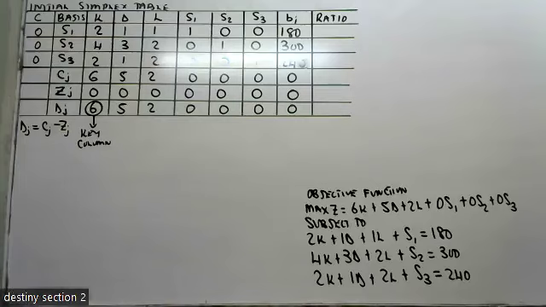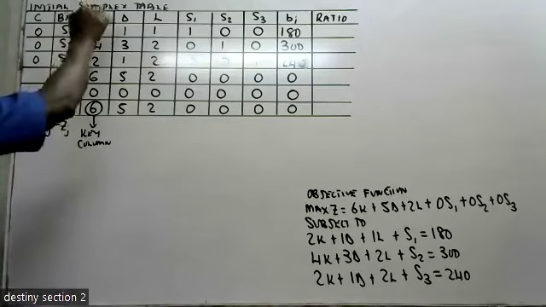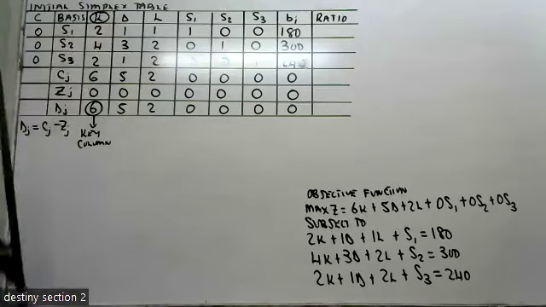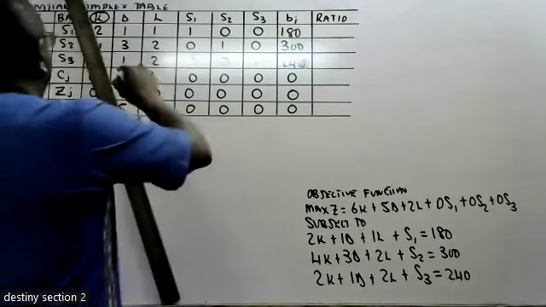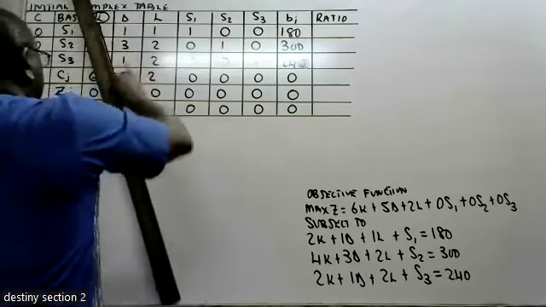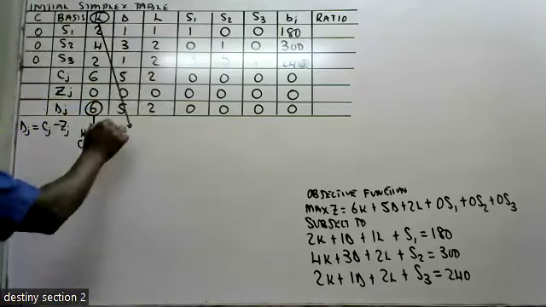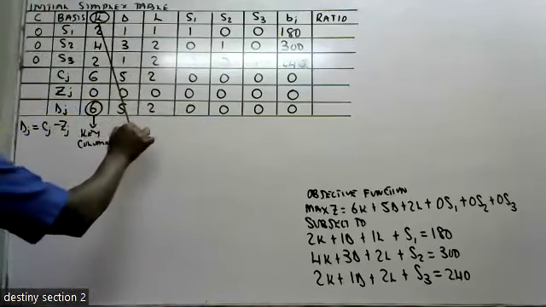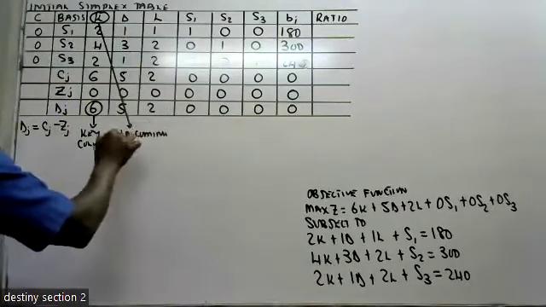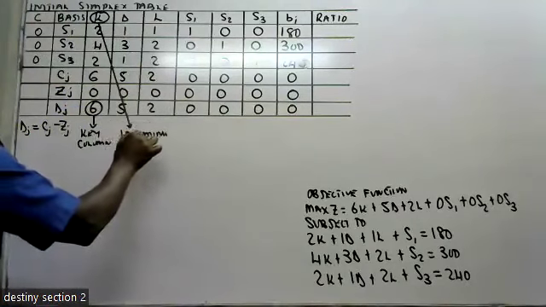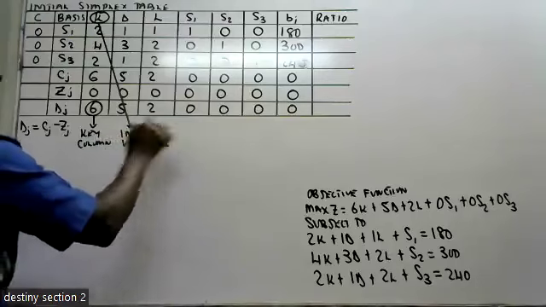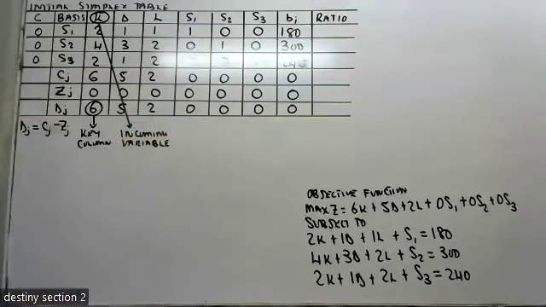Then the item at the title of that column is called the incoming variable.